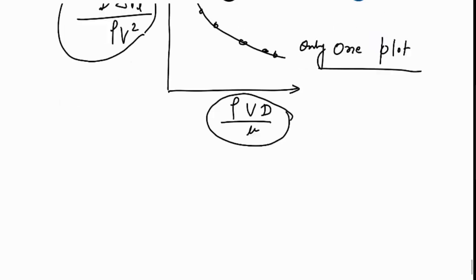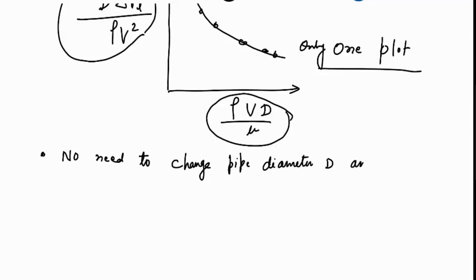So the advantage is no need to change pipe diameter. So only one experimental setup. You don't have to change the pipe diameter D and different fluids.